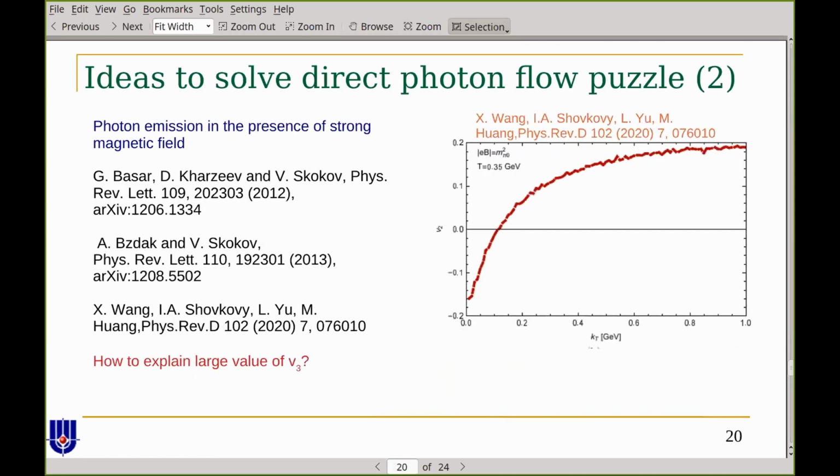And another kind of idea is that we have some additional source of direct photons, which is not cylindrically symmetric, but is emitted mostly in plane.